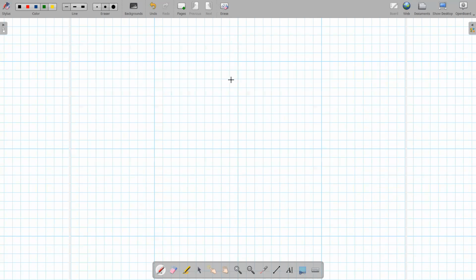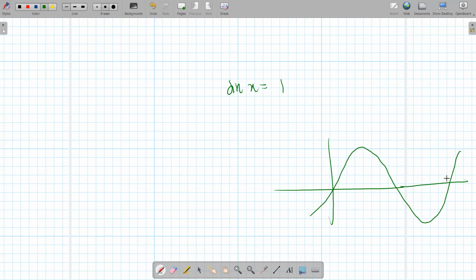For example, if we're trying to solve sine x equals 1, the sine function looks like this. When is it 1? It's 1 at 90 degrees, at 3 pi over 2 it's negative 1, and then what comes after 2 pi? 5 pi over 2.